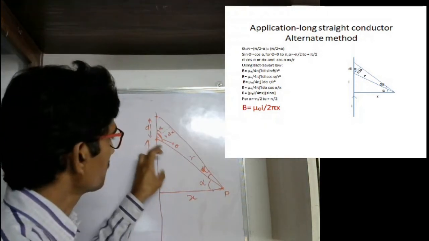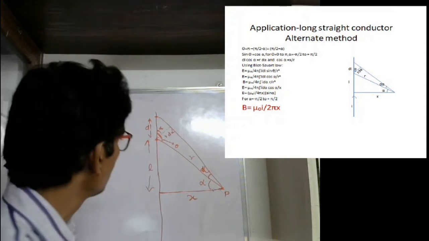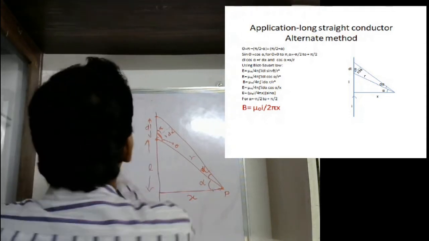Now let us consider these two right-angled triangles.